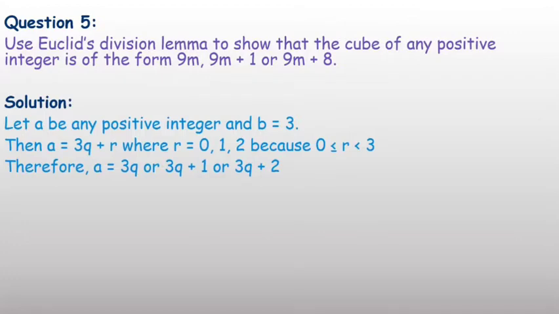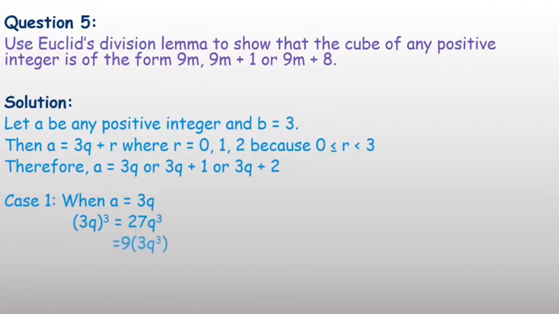Means number we can write in the form of 3q, 3q plus 1 or 3q plus 2. If a equal to 3q, then its cube we can write as 9m form, where m equal to 3q cube.